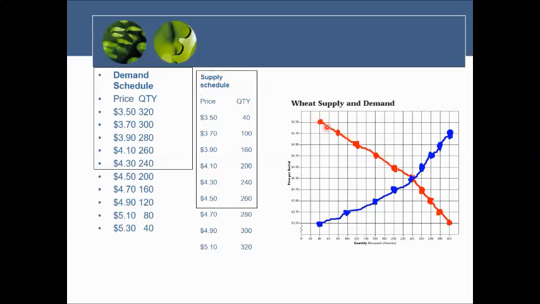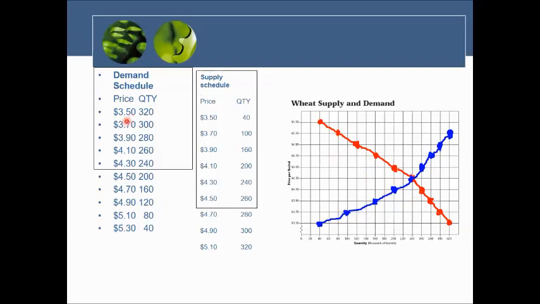So here, the blue line is the supply, and the red one is the demand. If you see, at the price of 350, there's a quantity of 320. So this is the point of the demand.